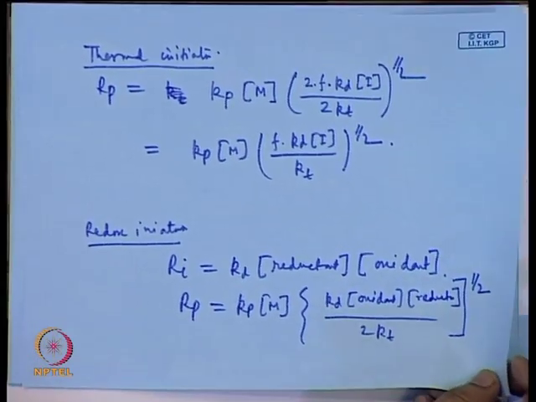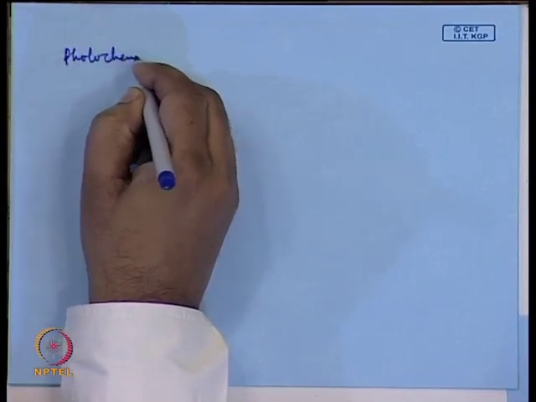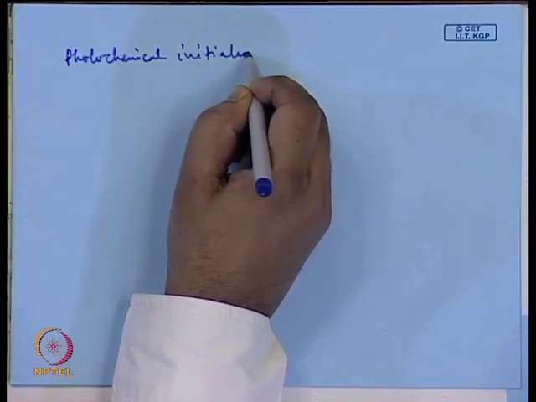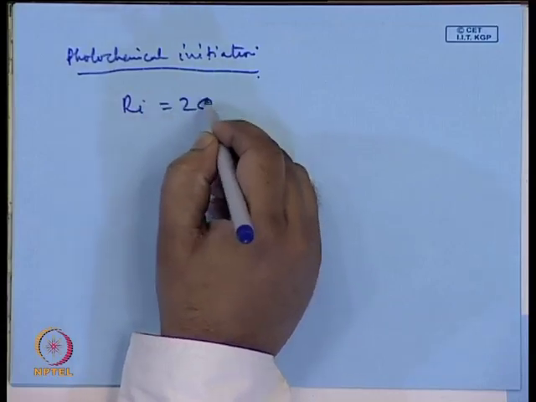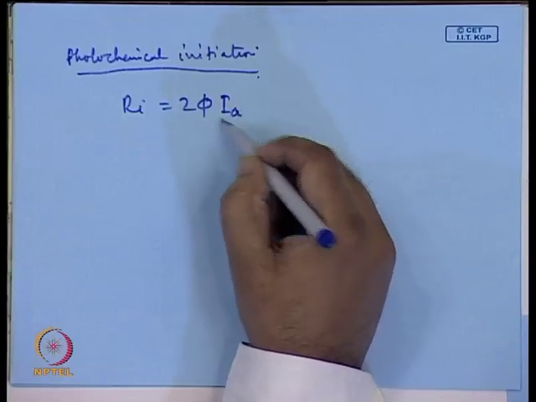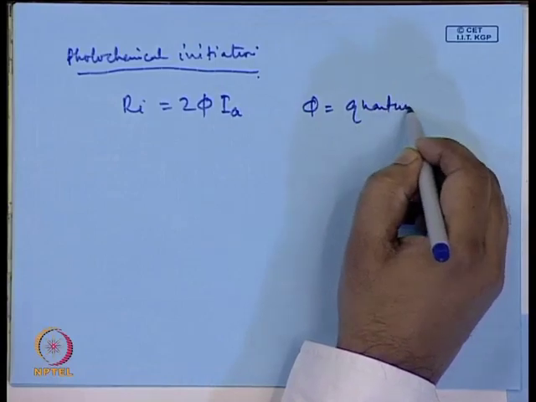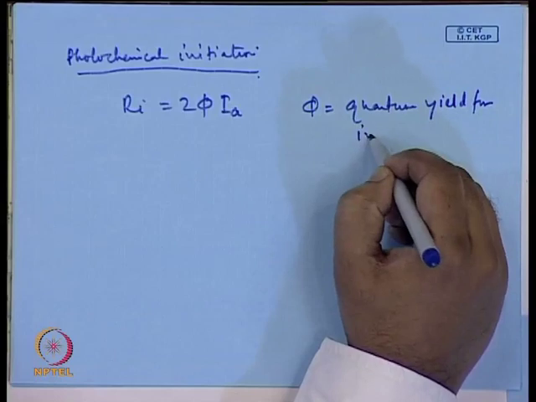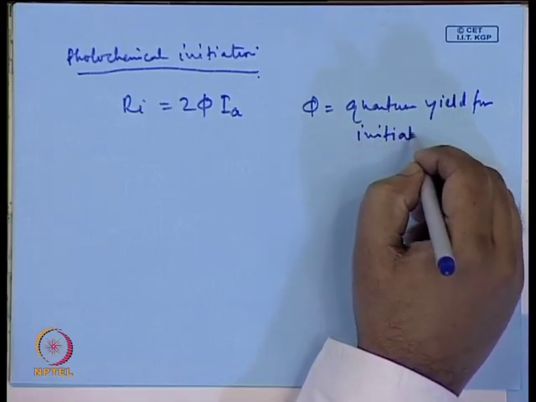For a photochemical initiation, or photo initiation, Ri is twice phi I A. I A is the intensity of the radiation and phi is the quantum yield for initiation, similar to efficiency F for thermal initiation.